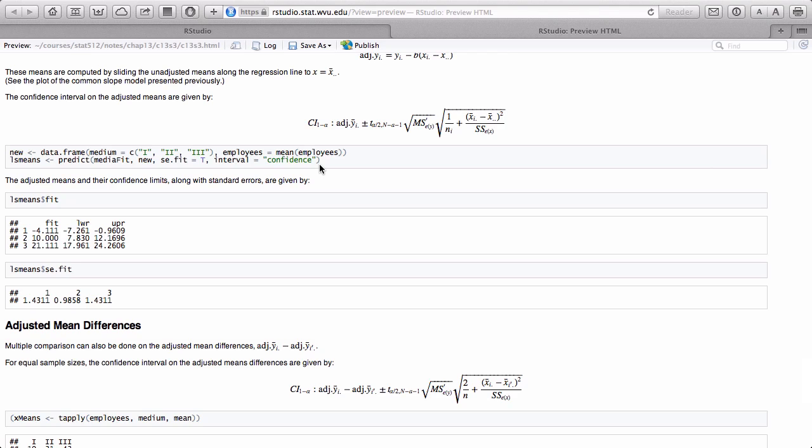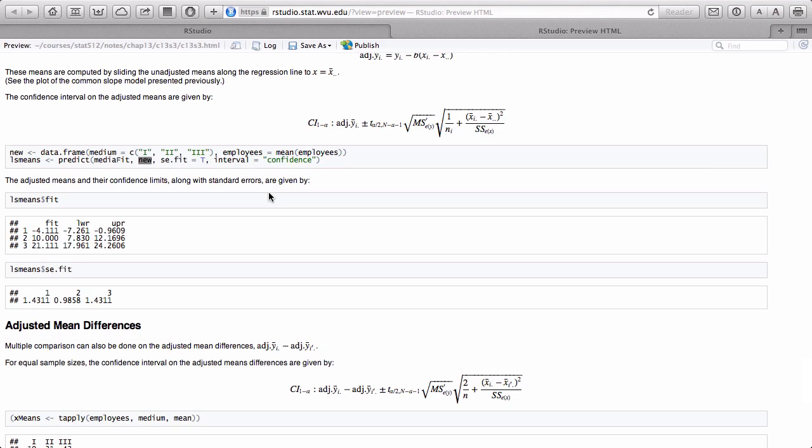And so I'm going to predict the values from the model for 31, and that will give me 3 different predictions for those 3 observations in new. So I'm going to predict from the model, media fit, new, which is a data frame, and it says se.fit equals true. I want the standard errors, and I want a confidence interval.